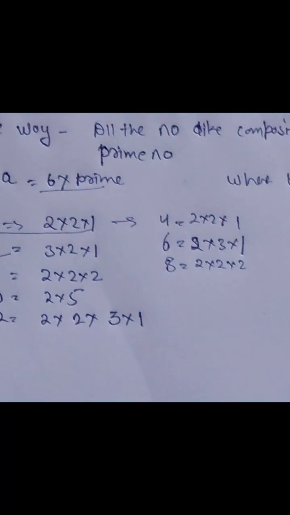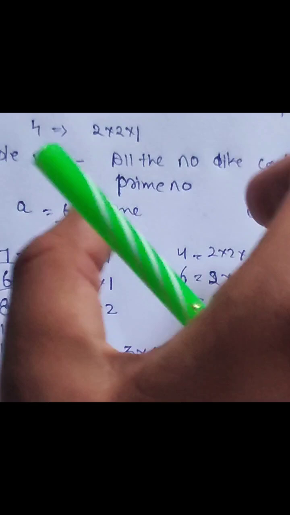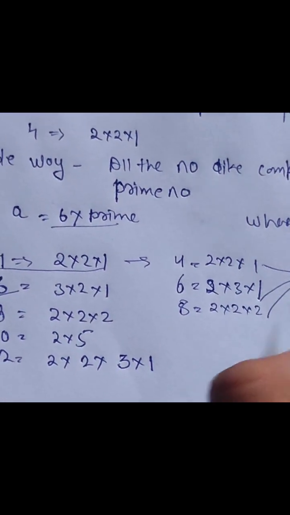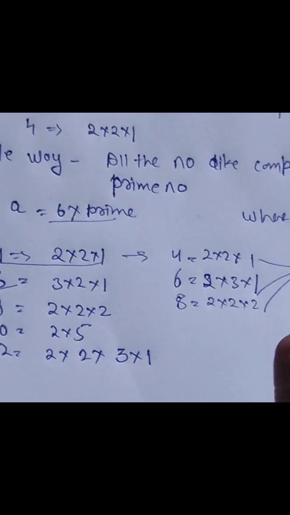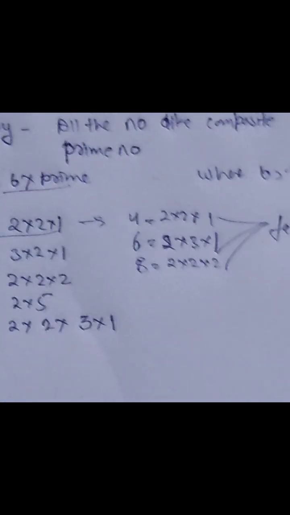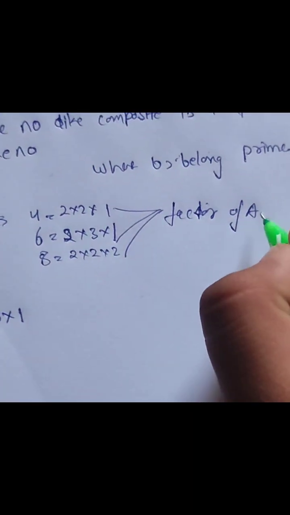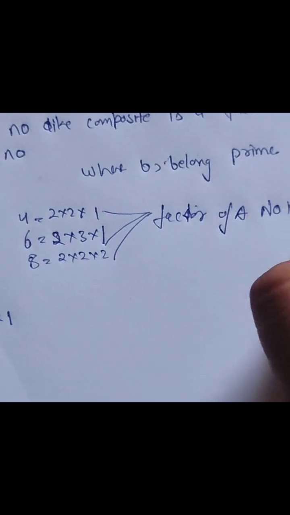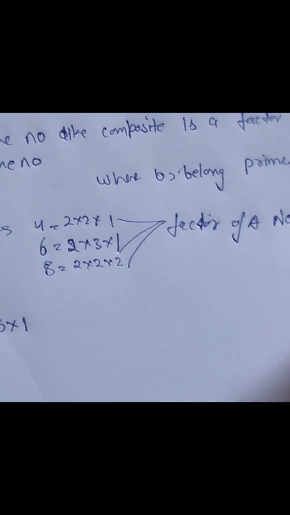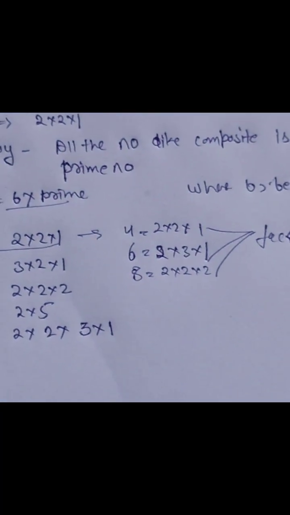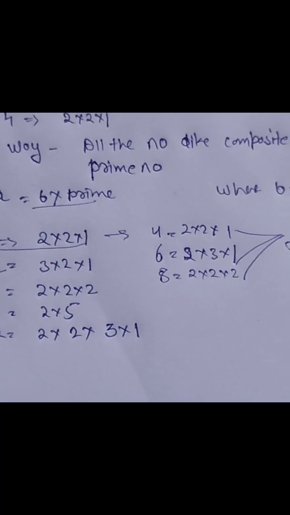So all these examples show that the factors of a number are always a unique way. All the factors of a number is unique. Unique means it has only one combination of multiplying the prime numbers to obtain the composite number.